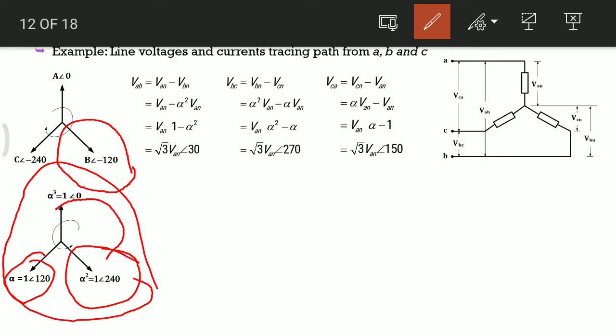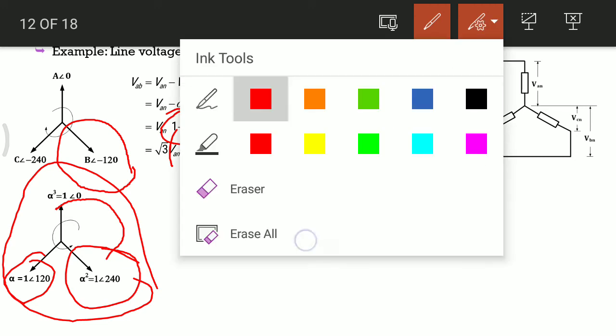Here we can take VAN common from both terms, and after that we get VAN in bracket 1 minus alpha square. If we convert this value, 1 minus alpha square, we get root 3 at an angle. Let me erase.